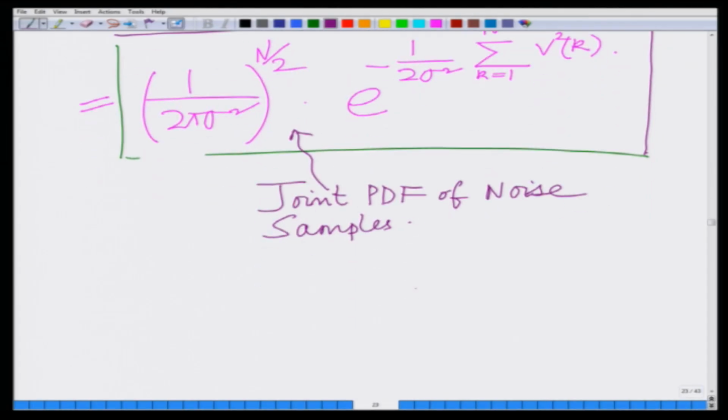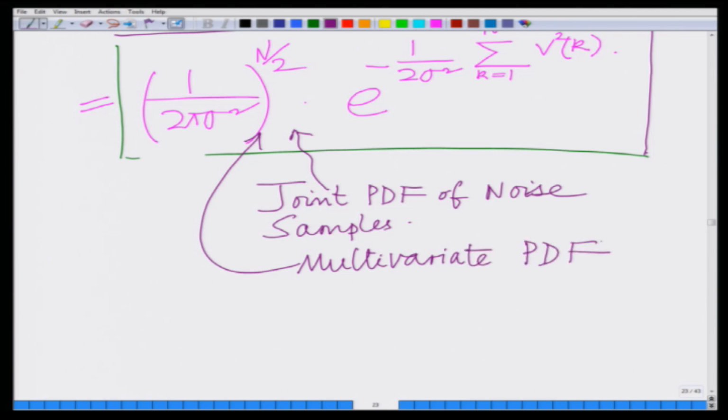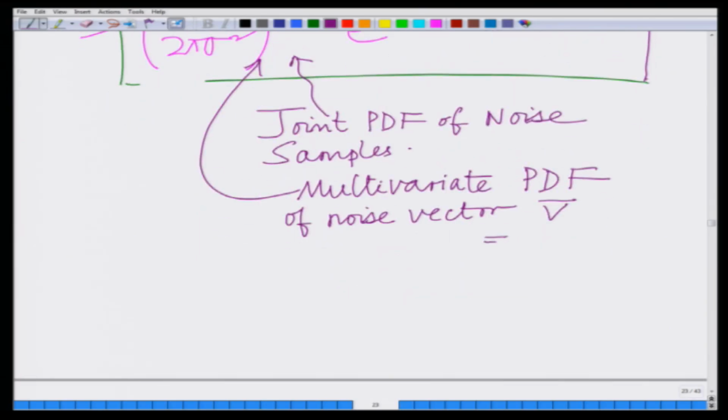So, this is the probability density PDF of the noise vector, or the multivariate PDF of noise vector V bar, which again contains the noise samples V1, V2 up to Vn. It is simply a different way of stating this.